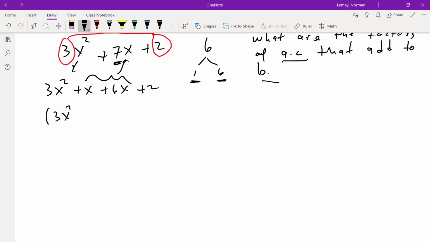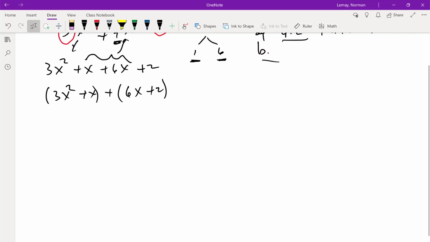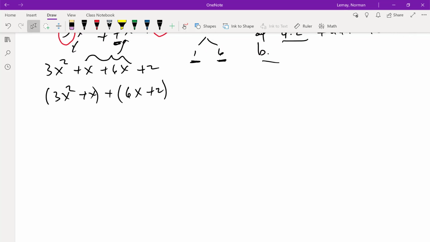All right, and now we employ our factor by grouping once we rewrite. So we get 3x squared plus x plus, and then group the second two terms, 6x plus 2. Then we come to the first grouping and ask, what's the greatest common factor? Again, we're right back to what we talked about all the way back in section 6.1. Here we factor out the greatest common factor, which is an x, so I'm left with 3x plus 1.